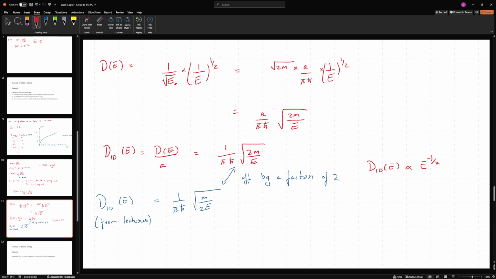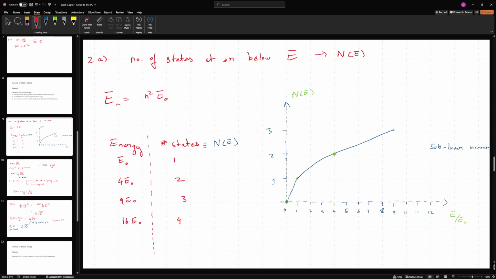As you can see now, instead of going to the K space and deriving the density of states, we can actually look at the variation of the energy levels, take their cumulative distribution, and take their derivative to get the density of states.